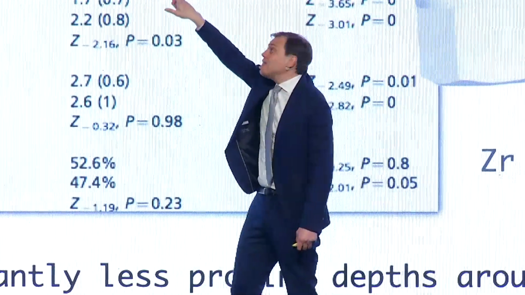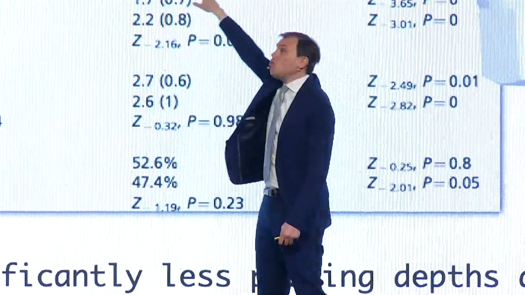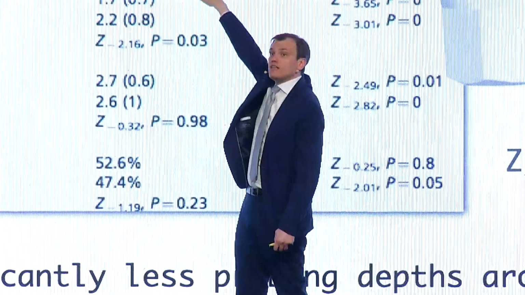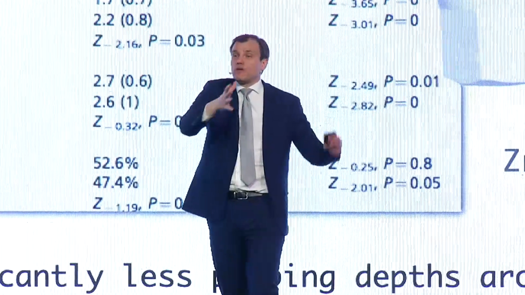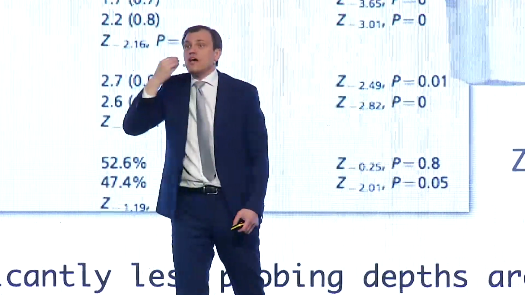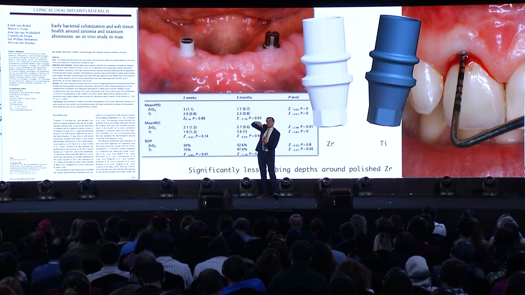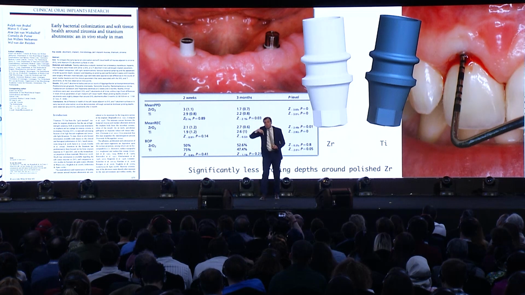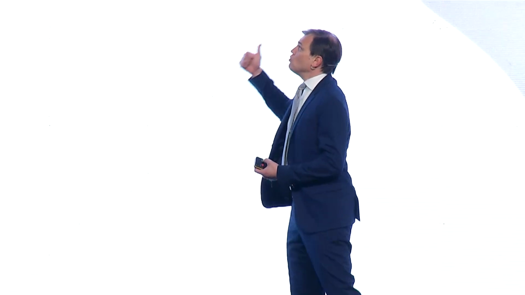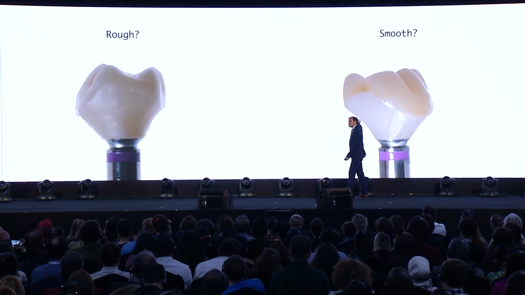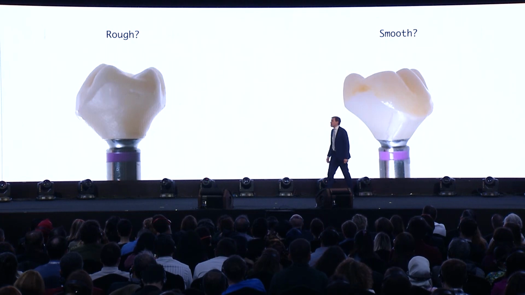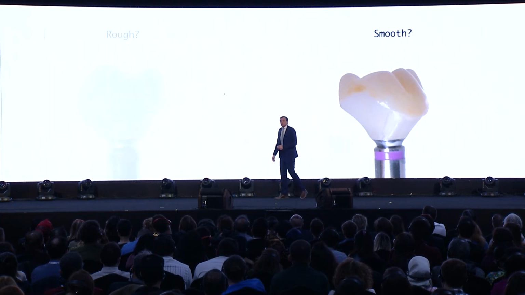And this is a very powerful study. You know why? Look at the design. It's split mouth. One part is zirconia, the other is titanium, and the probing is really perpendicular to the abutment. It means that I can probe completely reliably. So I would say that I would always go for super smooth zirconia.